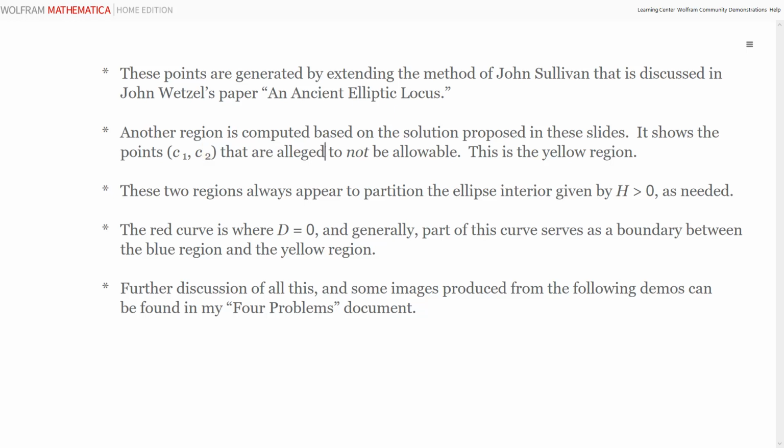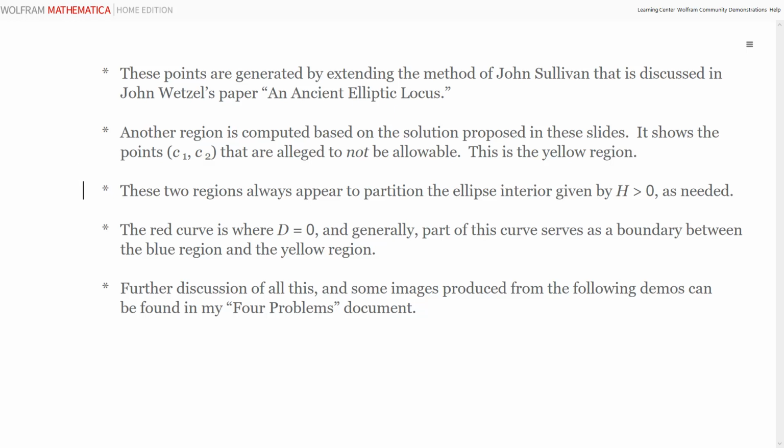The reason I decided to go with not feasible is because I don't want this region to just overlap on top of the blue region. Instead, this region of points that I allege are not feasible produces this yellow region, which I will show you does not overlap the blue region, and together they partition the interior of a certain ellipse.